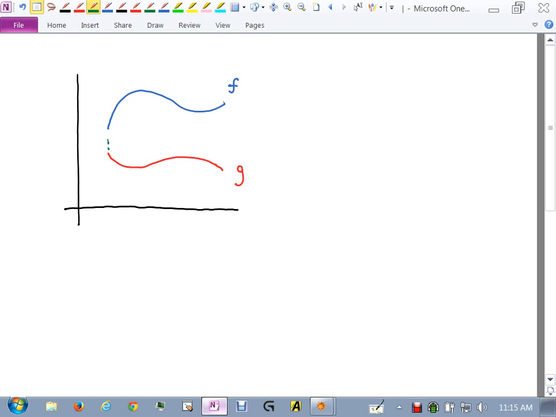We will look between two values, a and b. And I wish to take this region in here and I wish to rotate that around the x-axis.